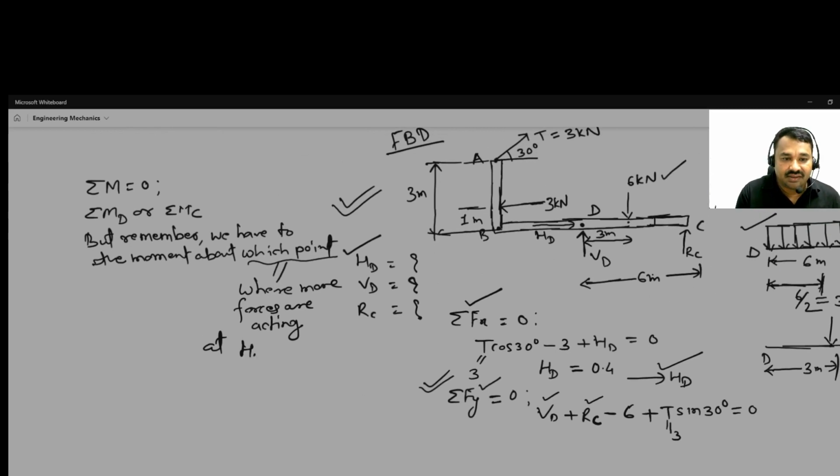HD, VD, two forces are acting. And what about another point, at C? At C only RC is working. Okay, so we have to select this one, at least two forces are acting.